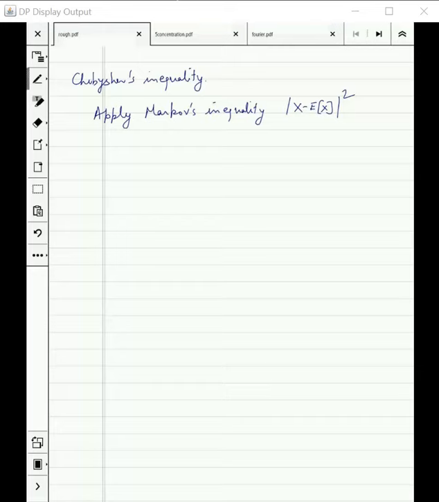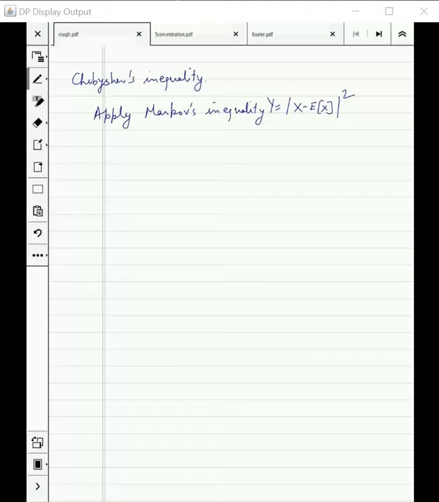So we have seen that capital X, alpha X, X plus Y, X plus a, all these are random variables. So now call this a new random variable, X minus E[X] whole square. E[X] is a constant. Even this is a random variable.